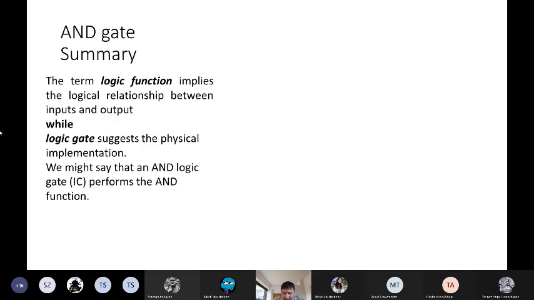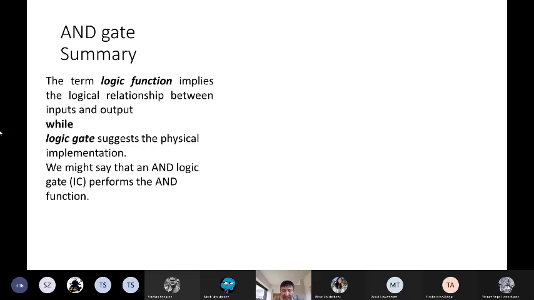Okay, so let's make a summary about the AND gate, but before that, understand the difference between the terminology. Logic functions just imply a logical relationship between inputs and output, while logic gates suggest a physical implementation. So actually logic gates perform logic functions.